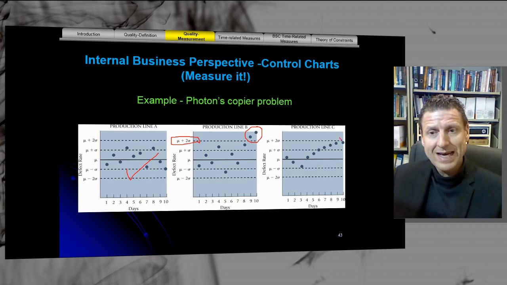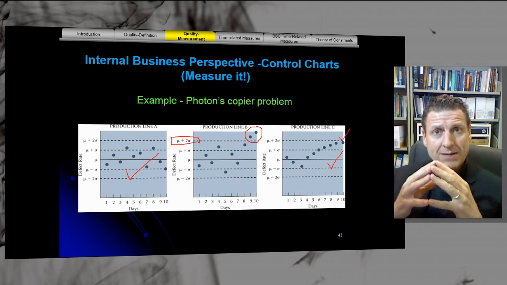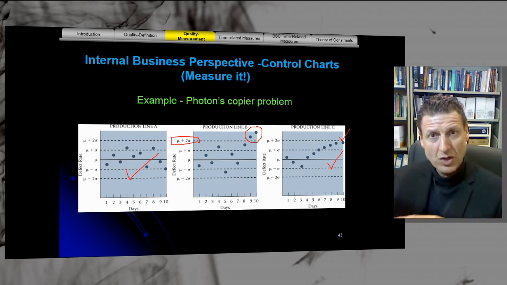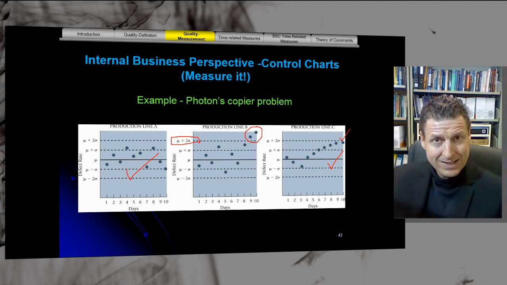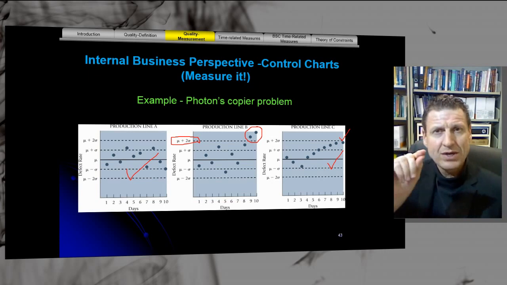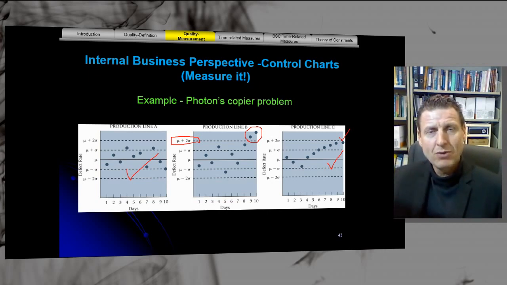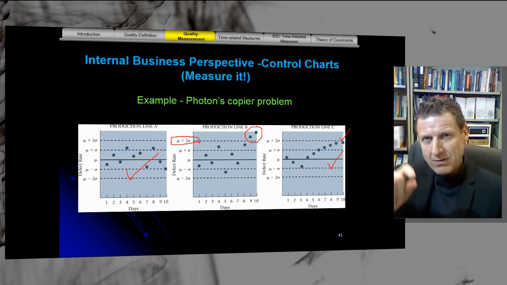Production line C has not gone beyond a particular tolerance, so this is in control. What is important here is that control charts give you some idea about what is normal and what is abnormal, so you can focus on the abnormal and not just look at any little variance that happens from day to day.